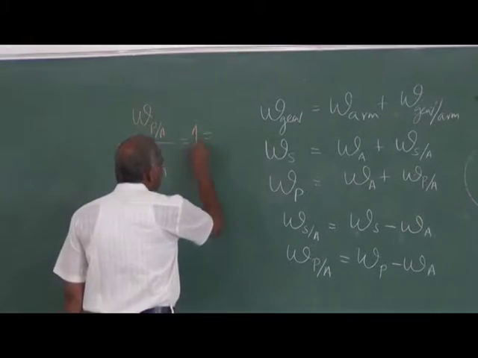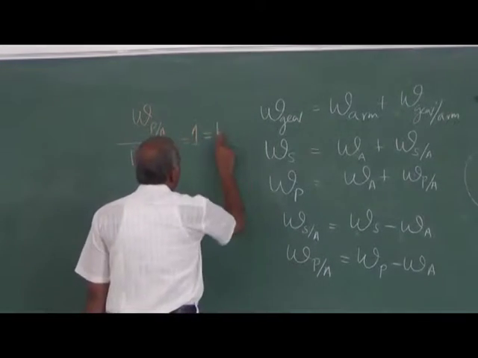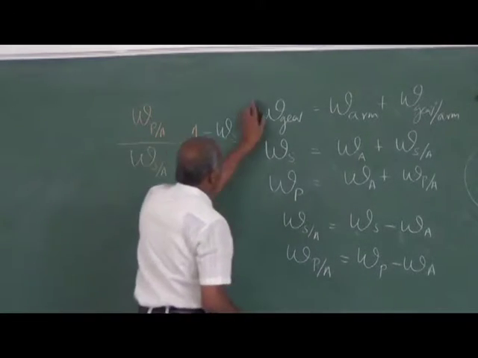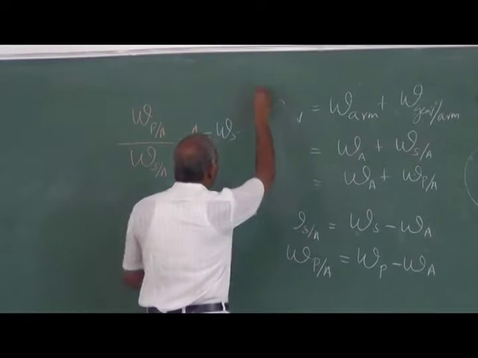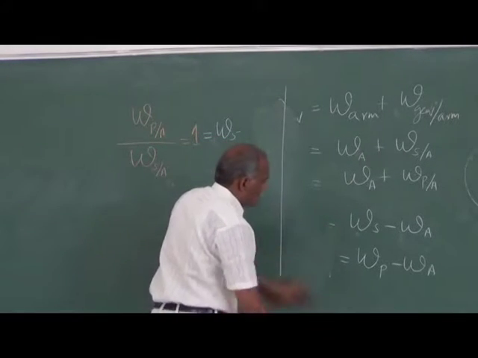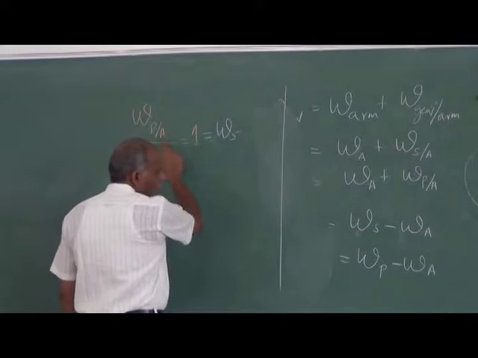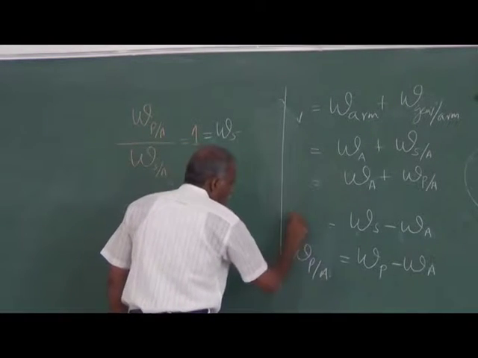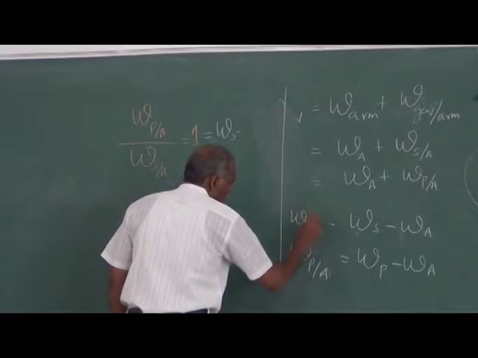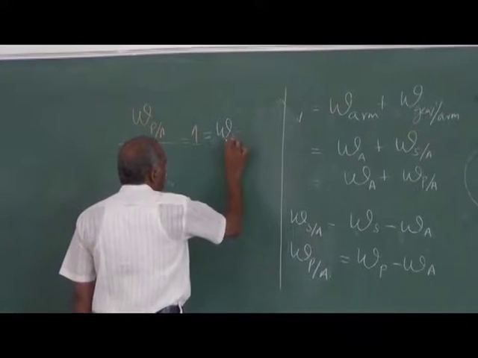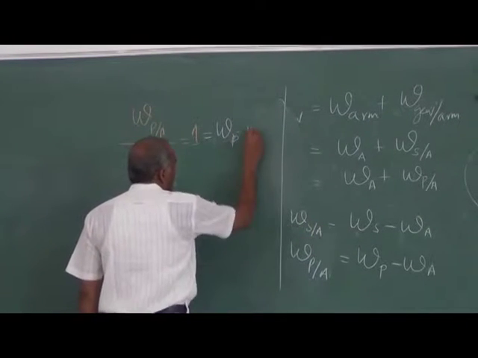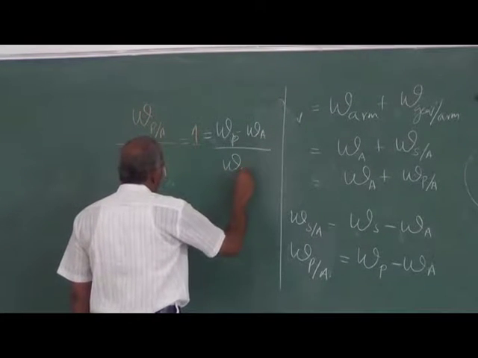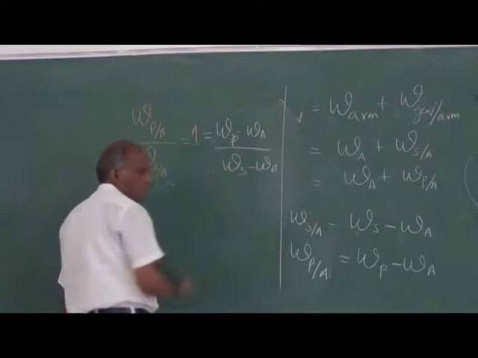So that is also equal to omega p with respect to A over omega s with respect to A, which is omega p minus omega A divided by omega s minus omega A.